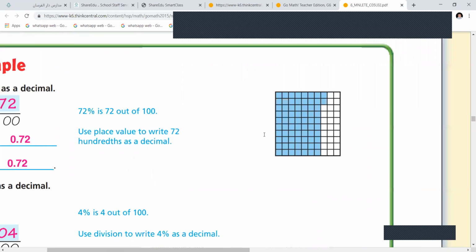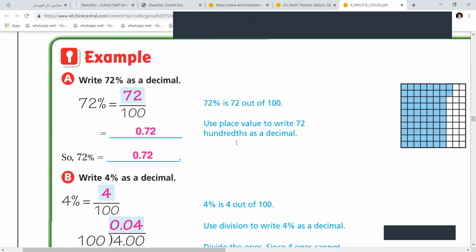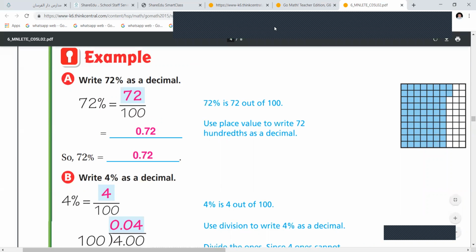In the picture here itself, you can see that 72% is 72 out of 100. The place value has to be before two numbers. I told you this, right?